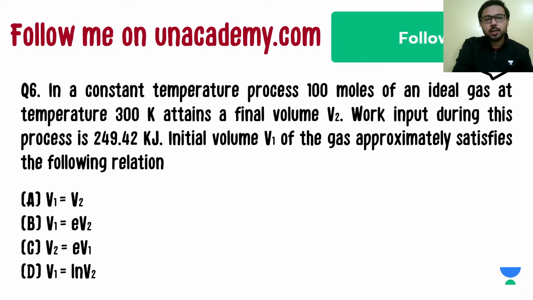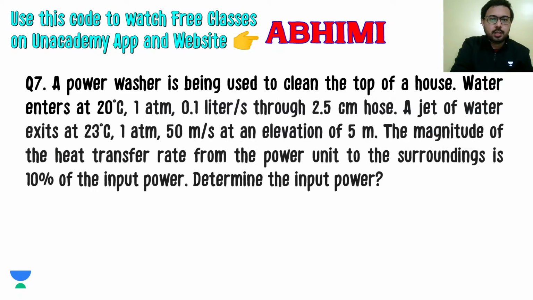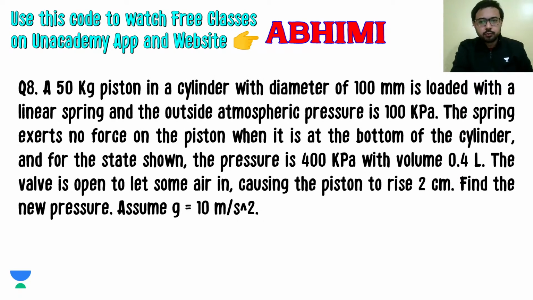And then we have this question that I did in some of my previous revision classes, so not hard again, but you have to be very careful about the things. And one of the things that you need to consider here, I have talked about it in this very class, so you can obviously do this question very easily. Then we have this question which is again not on the harder side. Here you have to calculate one or two things, then use the steady flow energy equation, and after using that you can calculate the answer easily.